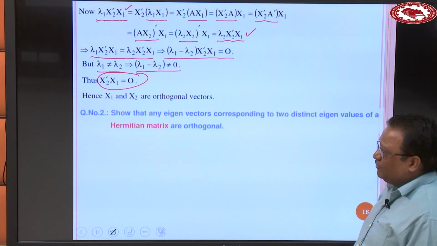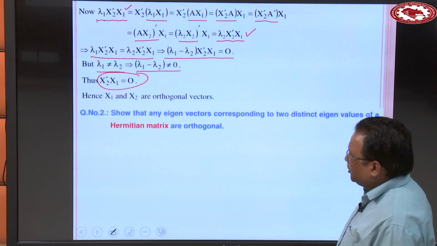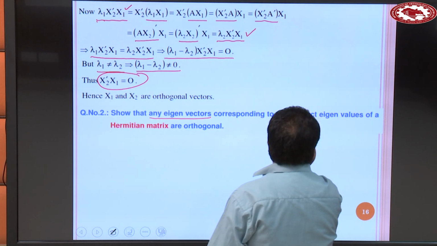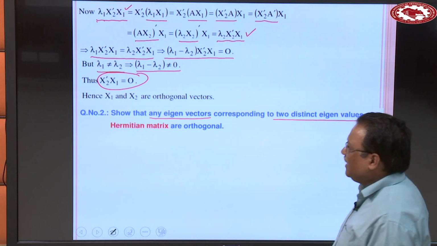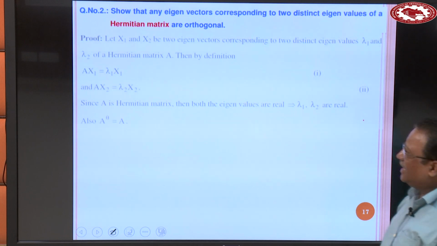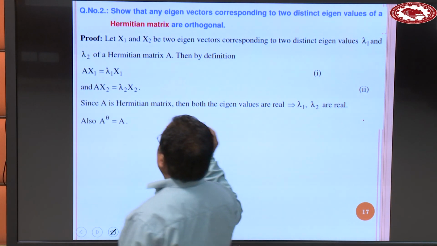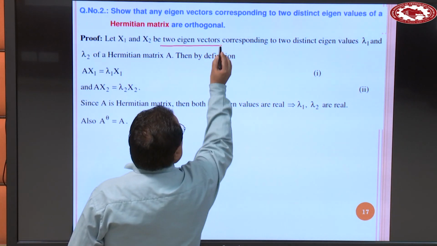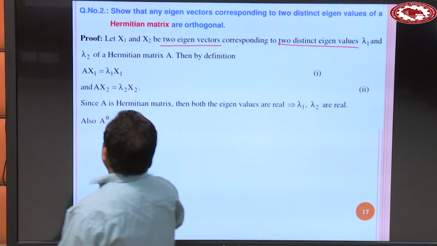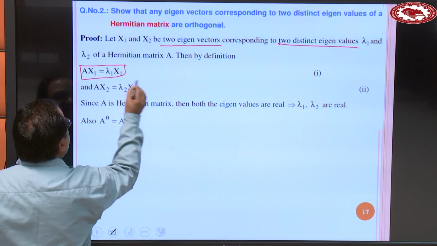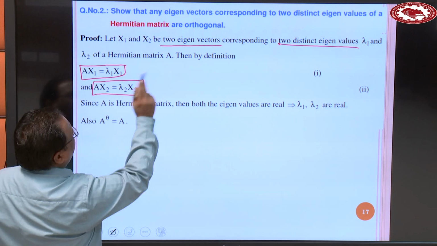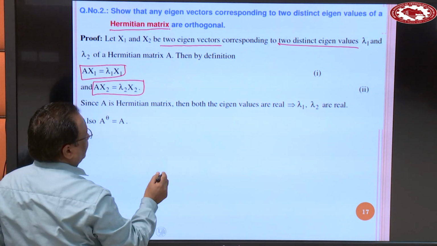Okay, now one more interesting problem. Show that any eigenvectors corresponding to two distinct eigenvalues of a Hermitian matrix are orthogonal. So on the same line, these are two eigenvectors corresponding to two distinct eigenvalues. Then this statement is given, this statement is given, and A is a Hermitian matrix.